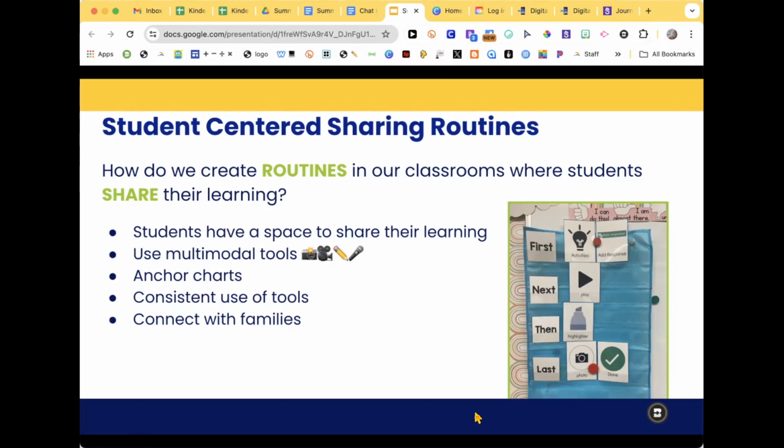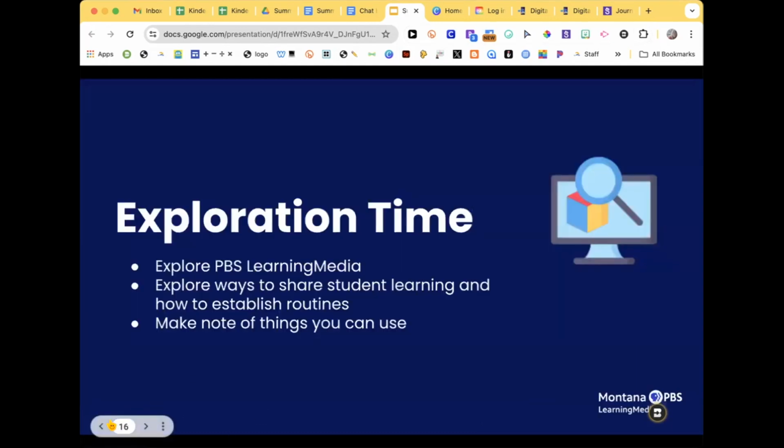Again, I don't think it matters as much what it is as that it's a tool that you're comfortable using, and you're consistent about using it. So families know this is where I'm going to go check to see this information, because when they get overwhelmed, that's when I think they get a little bit checked out because they're not exactly sure where to go to check for all of that information. So those consistent routines, I think, are really important.